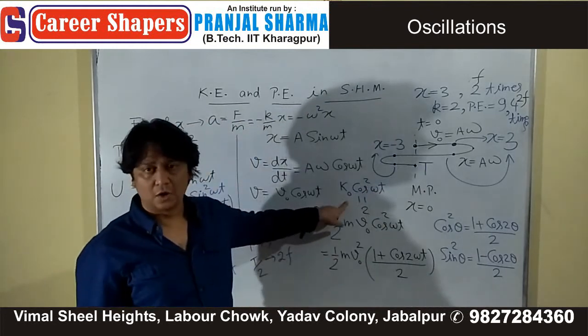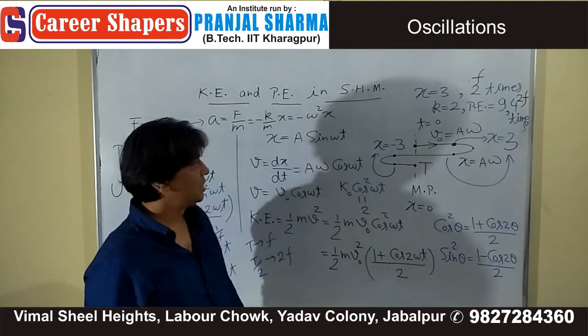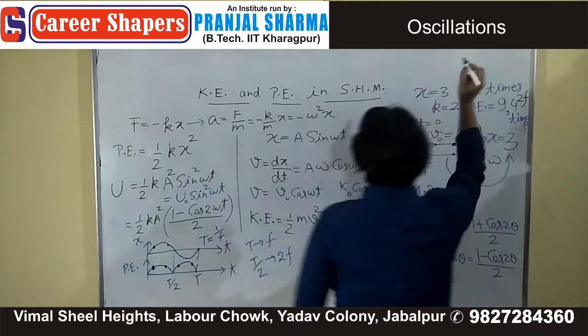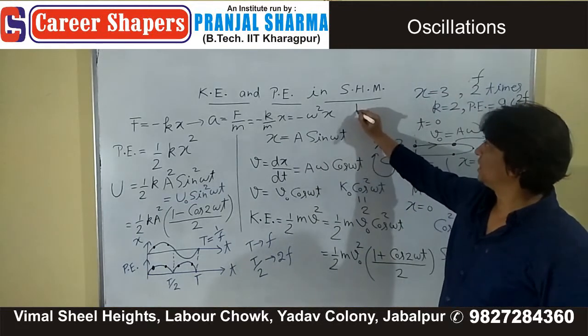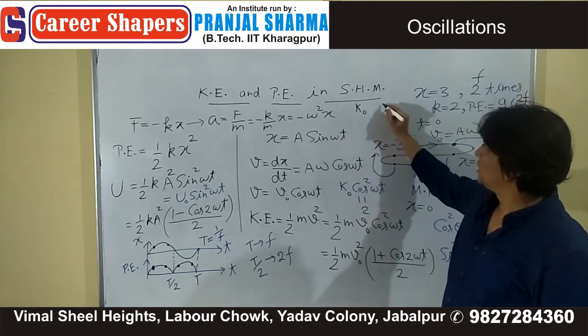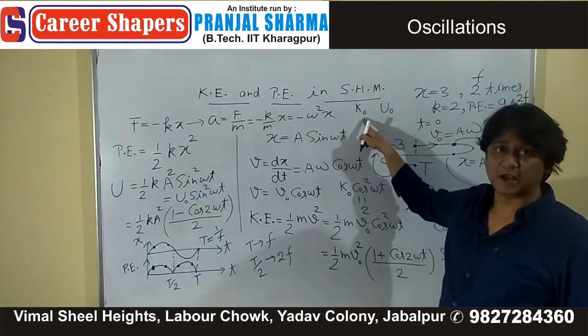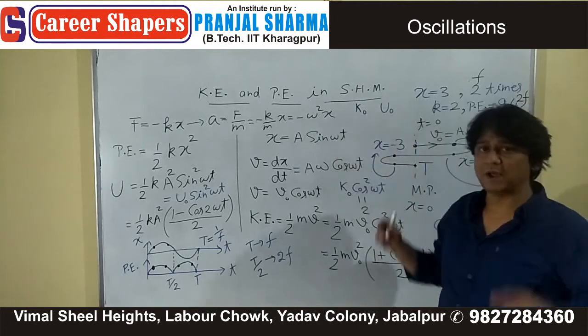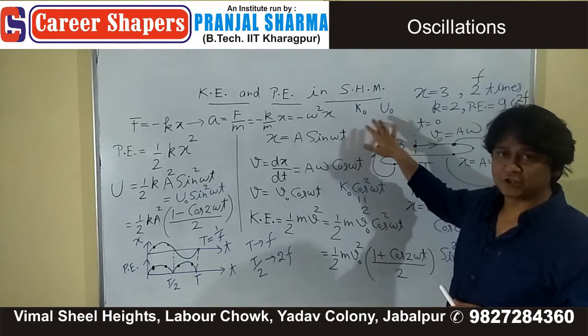Capital K naught. What is capital K naught? Maximum kinetic energy. If I ask you what is the relationship between K naught and U naught? What is K naught? Maximum kinetic energy. What is U naught? Maximum potential energy. What is the relationship between these two?